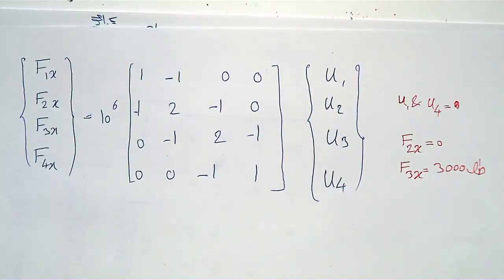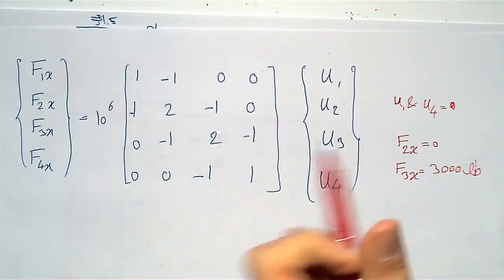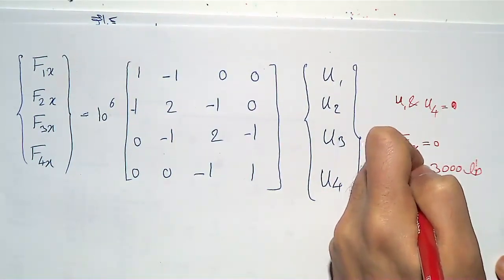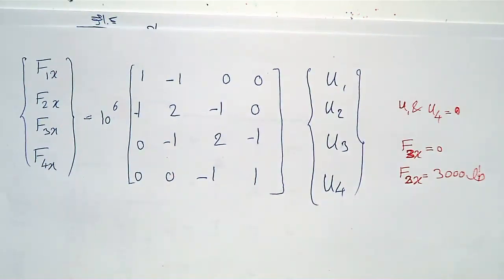So we know that U1 and U4 are 0, and F2x is 0 because we don't have any external force there, and the only external force at node number 2 is 3,000 pounds, exactly. Right.